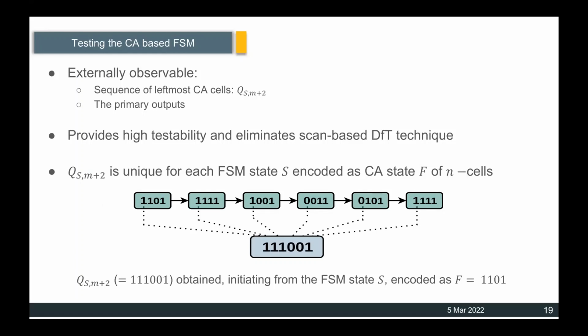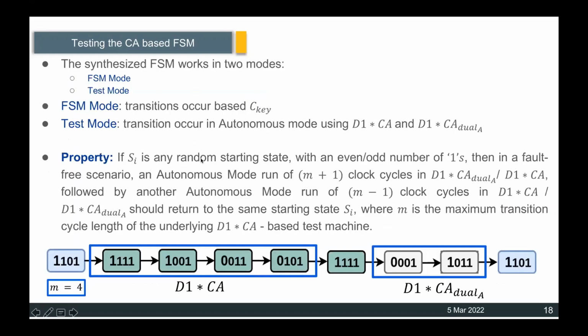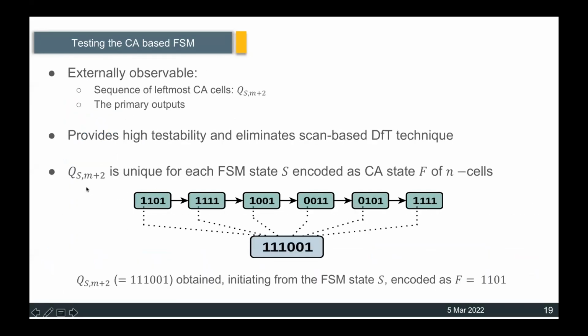This is denoted here by QSM+2. Remember that you first do these m+1 transitions, starting from your initial state through the following m+1 states, and when you export the MSB out of these states, this sequence is what we call QSM+2.